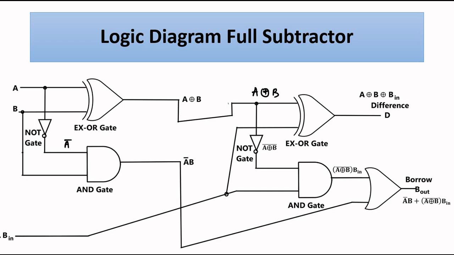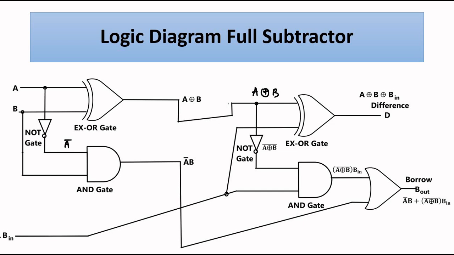Again B in we provide as the second input, A XOR B bar as the first input, through another AND gate, we have A XOR B bar into B in. Finally, A bar B and this output A XOR B bar into B in, we pass through an OR gate to get A bar B or A XOR B bar into B in.